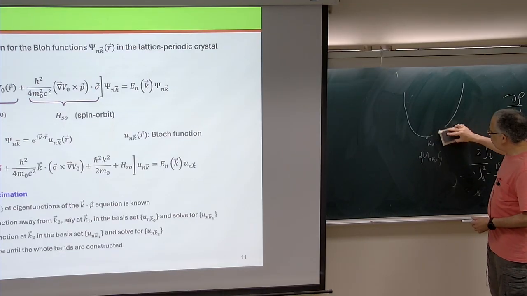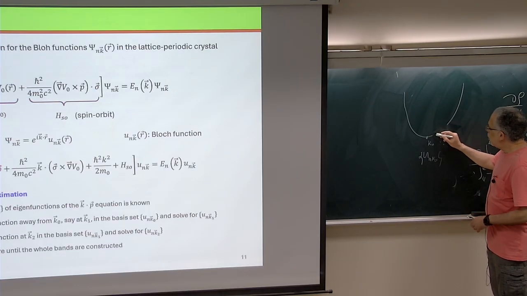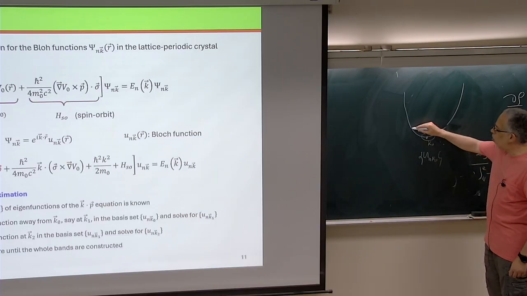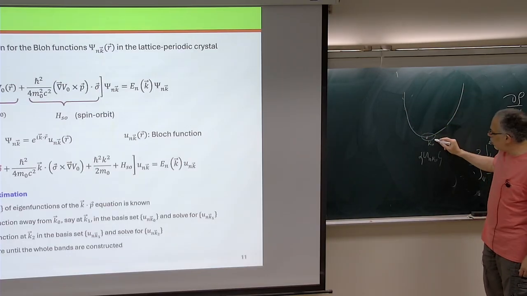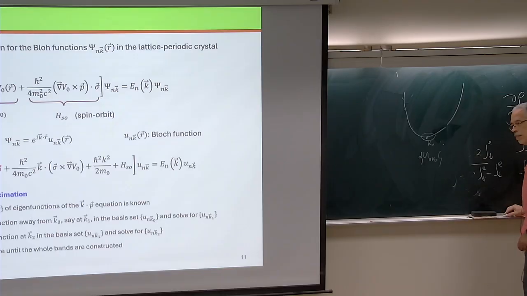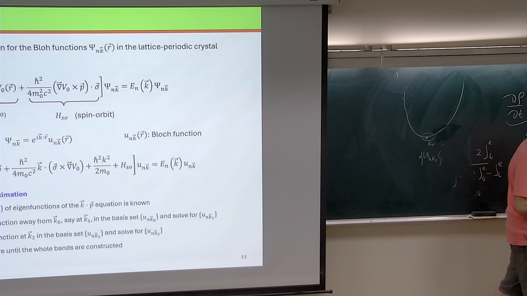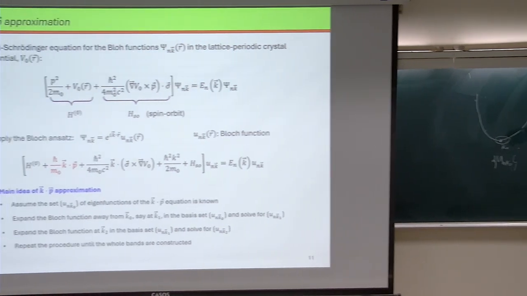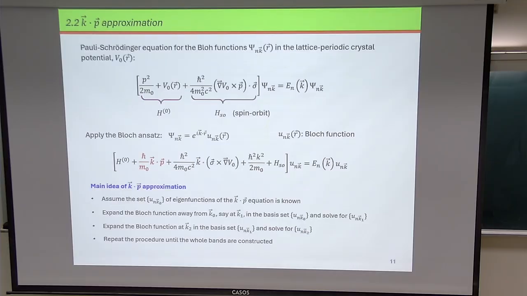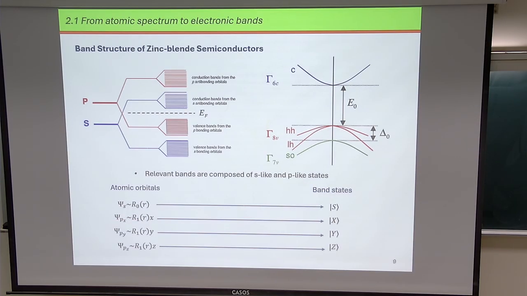I will just calculate the band close to some point. Okay, so I won't look at other k's, just close to this point. So what is this k naught point that you are going to choose? It depends. You probably want to choose something convenient. For the case of these direct-gap semiconductors, you can see the band structure that I showed you.